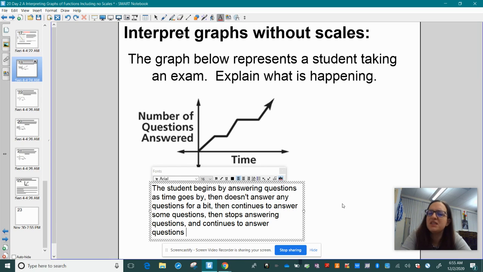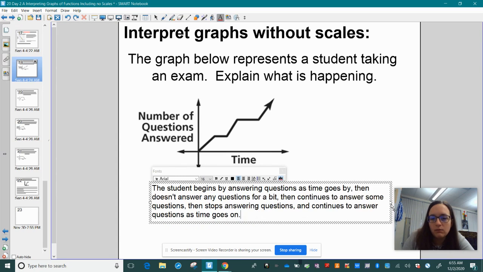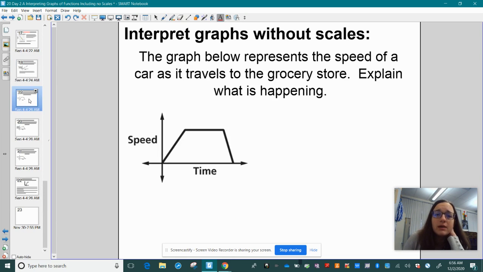We could put consistently. I'm going to go with as time goes on. Yeah, run-on sentences. Just make sure to put in some nice commas. Use your grammatical Englishy skills to make it fantastic. But basically, you're just explaining what happens. And you can kind of put in whatever you think would happen there.